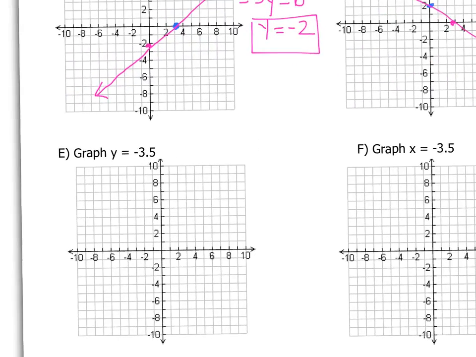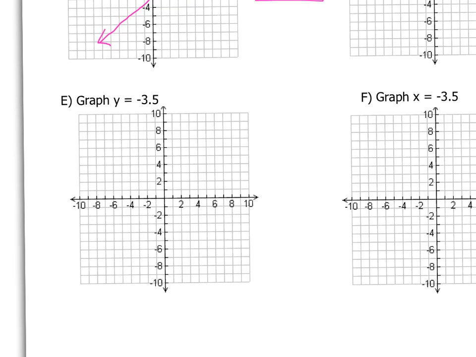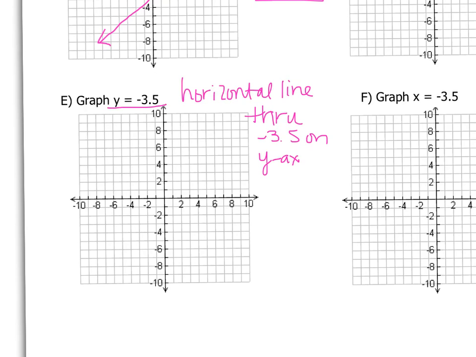The last two examples that we are going to look at are graphing vertical and horizontal lines. For this first example, we have y equals negative 3.5. This is a horizontal line through negative 3.5 on the y-axis.